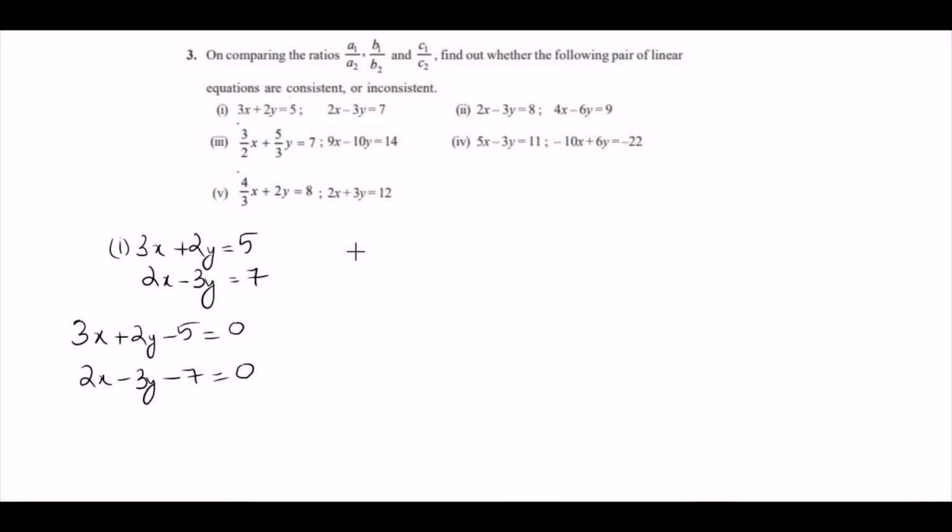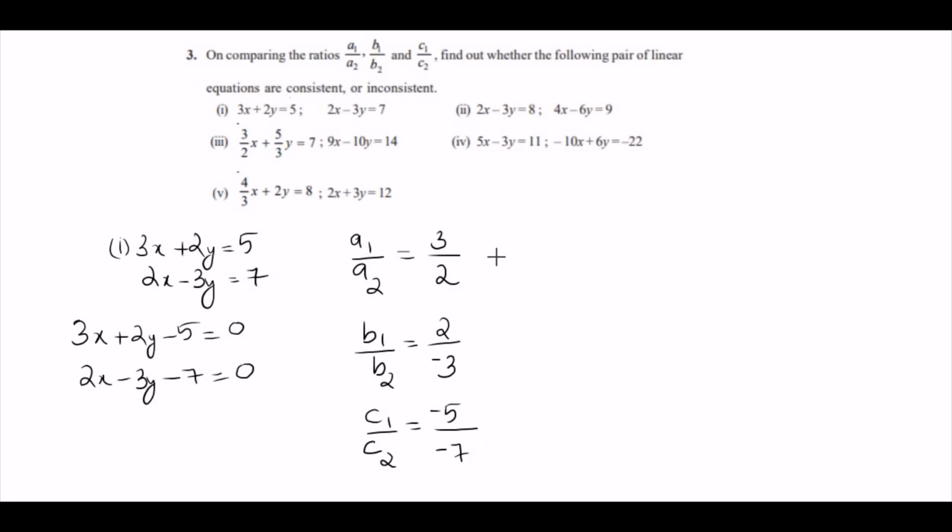So after doing this, compare the ratios, that is A1 by A2. Here A1 is 3 and A2 is 2. Then write B1 by B2. B1 is 2 and B2 is minus 3. And C1 by C2. C1 is minus 5 and C2 is minus 7.